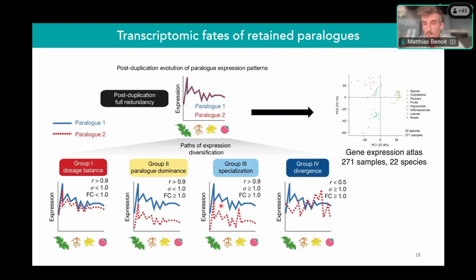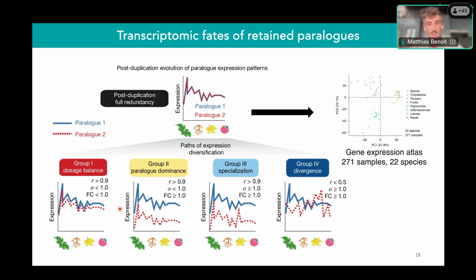And the last group is group number 4, where we do see full divergence in terms of expression pattern and levels between the two paralogs. Here, as you can see, I think this one is self-explanatory. So of course, when you see such a pattern, it means that virtually all of them have the ability to complicate genome engineering, right? And especially to make the output of genome editing unpredictable. Why is that?